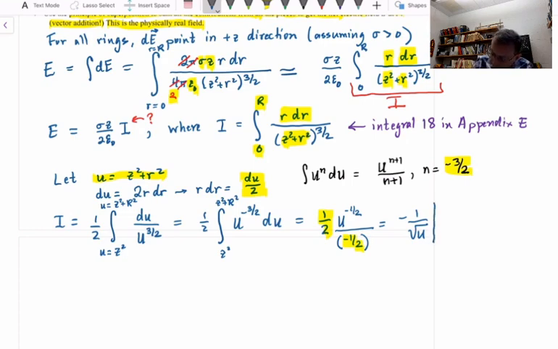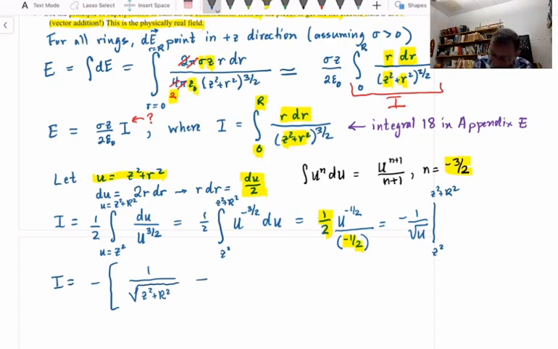And then I put in my limits. Lower limit is z squared. Upper limit is z squared plus big R squared. So let's put those limits in and see what we get. Minus bracket. Okay, for the upper limit, I substitute z squared plus big R squared for u, and that u is inside a square root downstairs, so we have that.